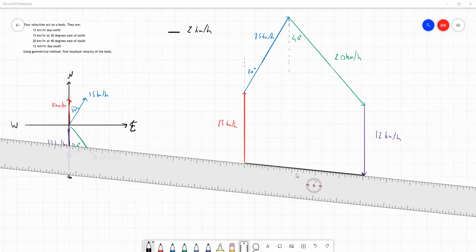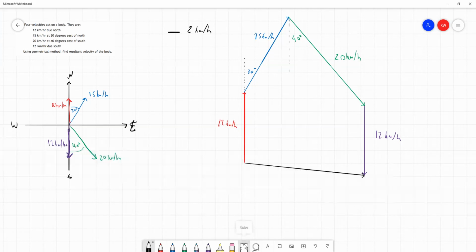We'll say 2, 4, 6, 8, 10. It's not quite 10 and a quarter, it's maybe 10 and an eighth. So that would be 20, something like 22 kilometers per hour. It's not going to be very accurate in the diagram I've got here. We'll mark that and we'll call it 22 kilometers per hour.